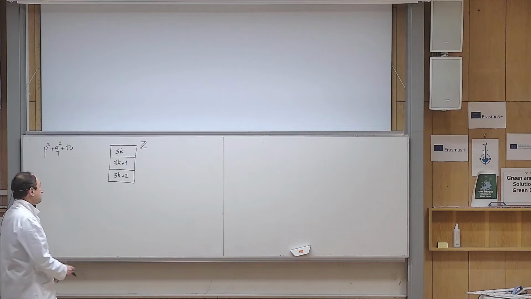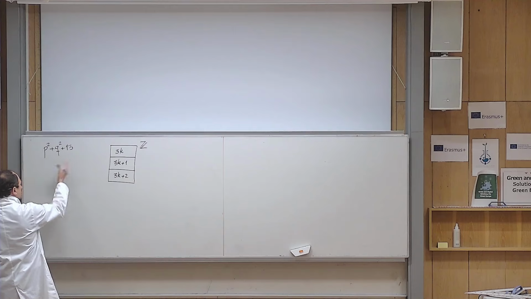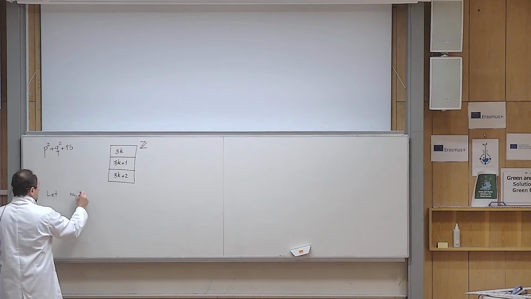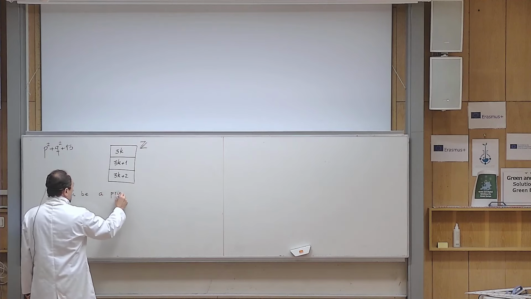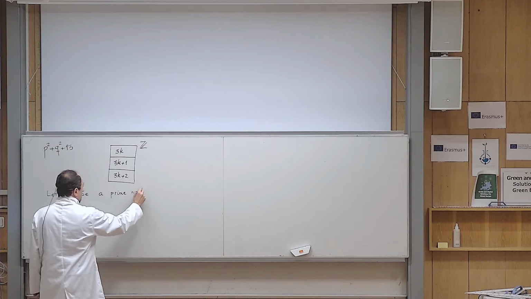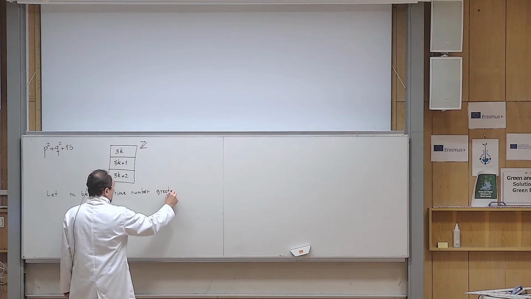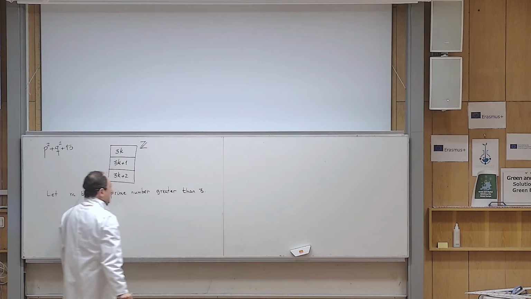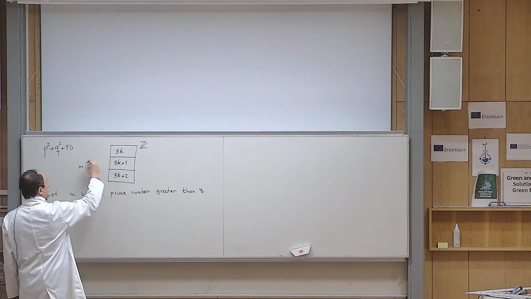Let me write something in general. Let M be a prime number greater than 3. Then M cannot go here.